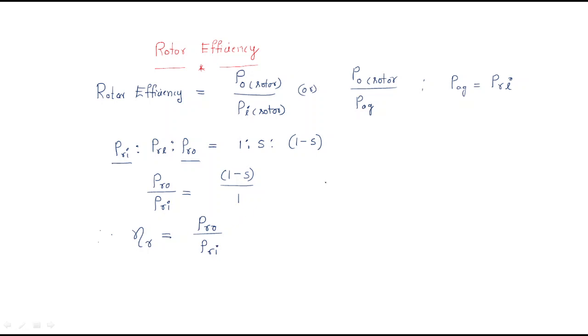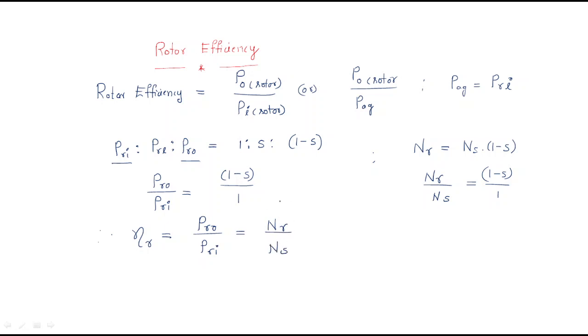So we have some relation. The speed of the induction motor is Nr equals Ns into (1 minus S). Here we can write that 1 minus S is Nr by Ns.